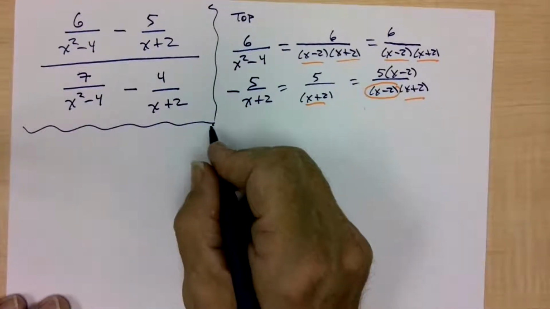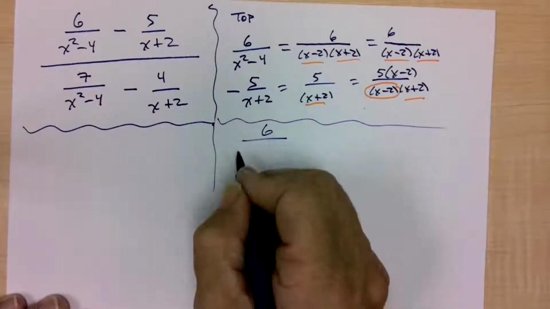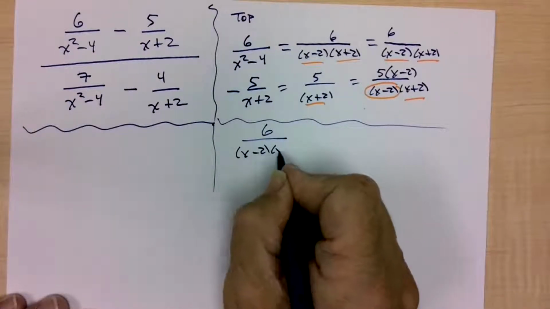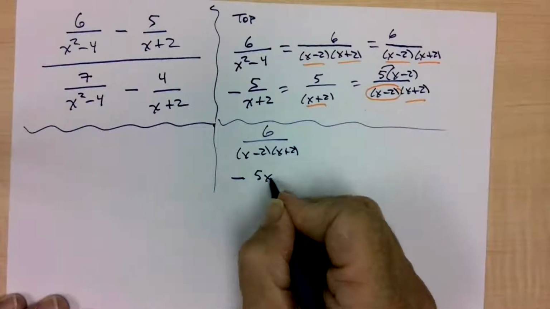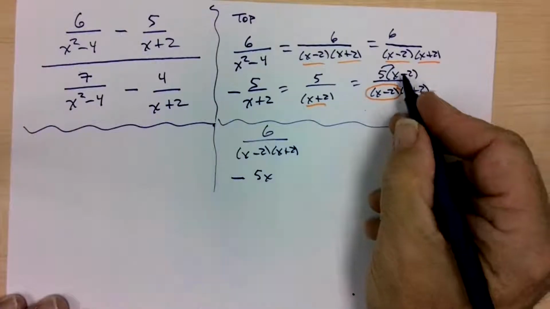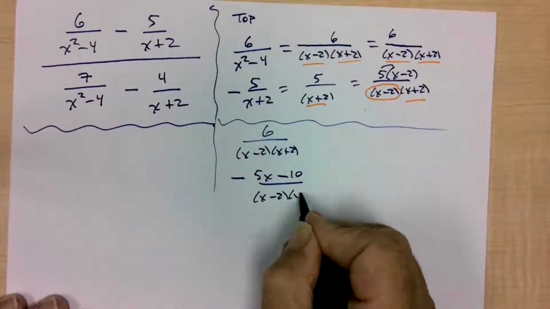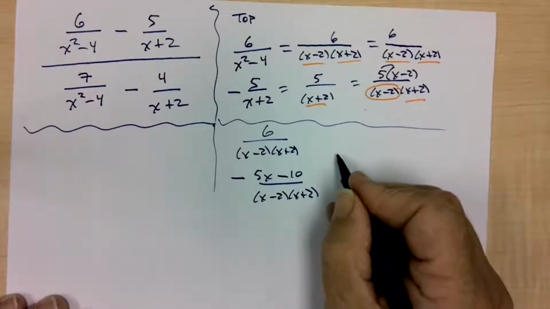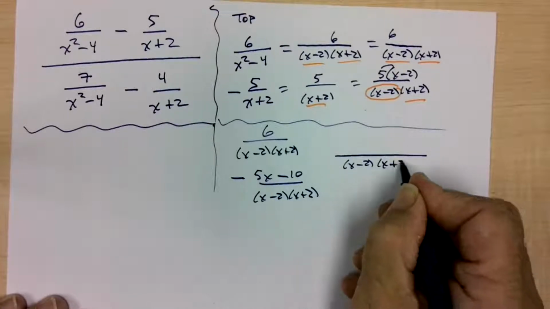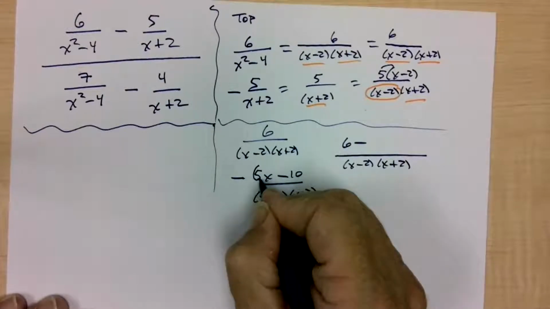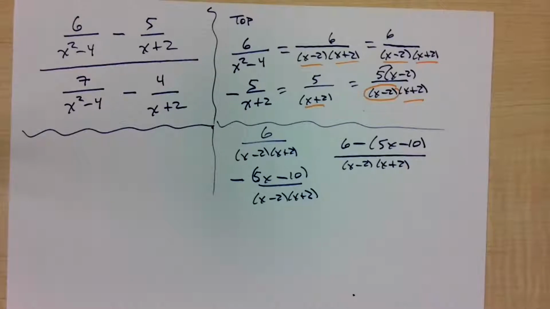So now we have 6 over x minus 2, x plus 2, minus 5x. 5 times negative 2 is negative 10 over x minus 2, x plus 2. So we have our common denominator, x minus 2, x plus 2. 6 minus parentheses 5x minus 10.